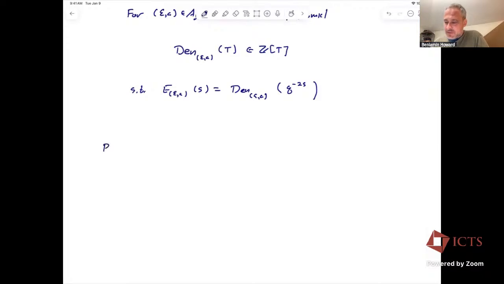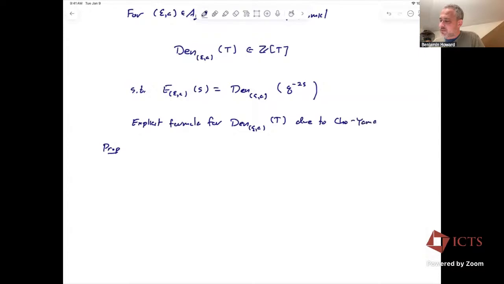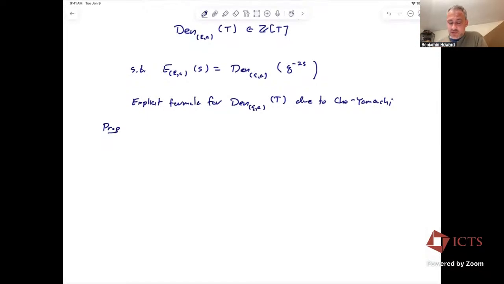So what Feng, Yun and Zhang prove is from these explicit formulas for this polynomial. I mean, these polynomials have been around since the time of Siegel, essentially. But the relevant formulas are much more recent, due to Cho and Yamauchi.